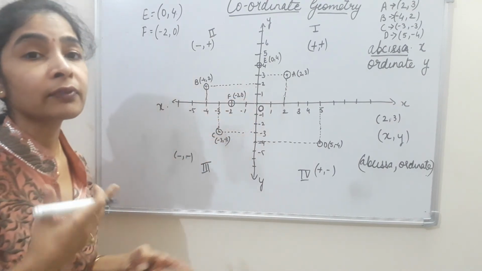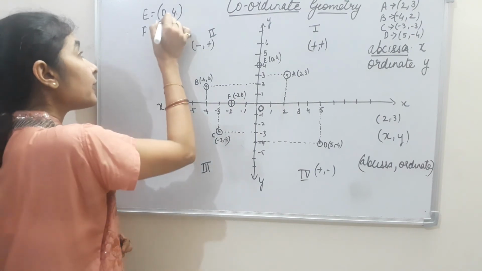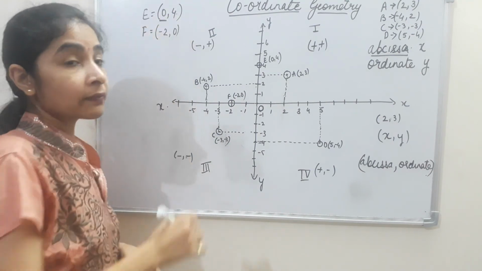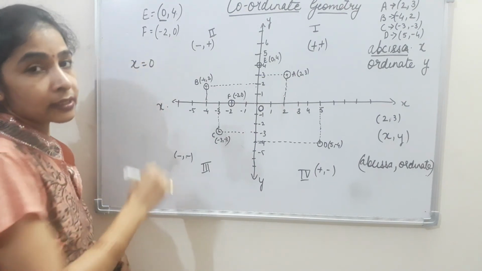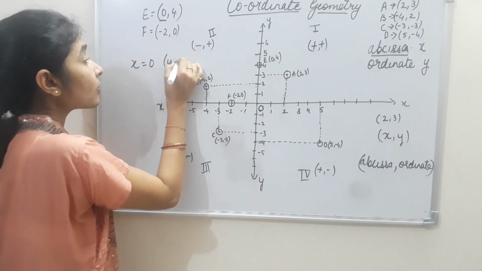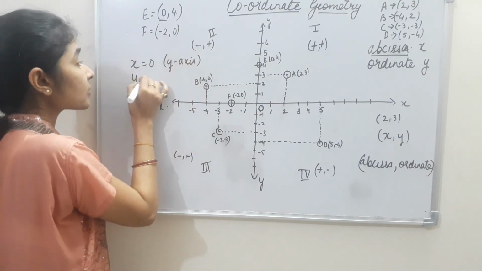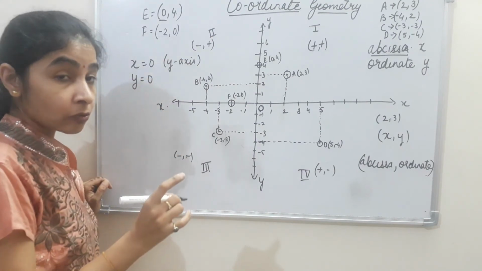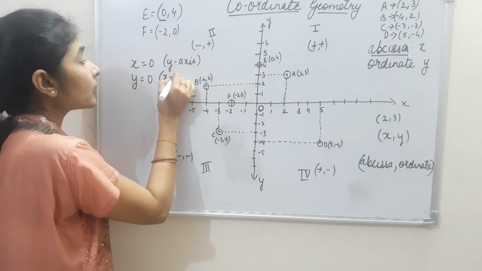What conclusion do we draw from this? The conclusion is that whenever the x-coordinate is equal to 0, the point lies on the y-axis, and whenever the y-coordinate or ordinate is 0, the point always lies on the x-axis.